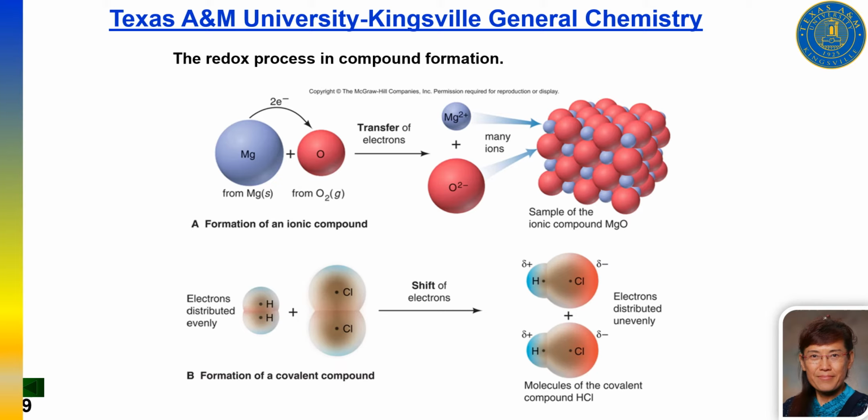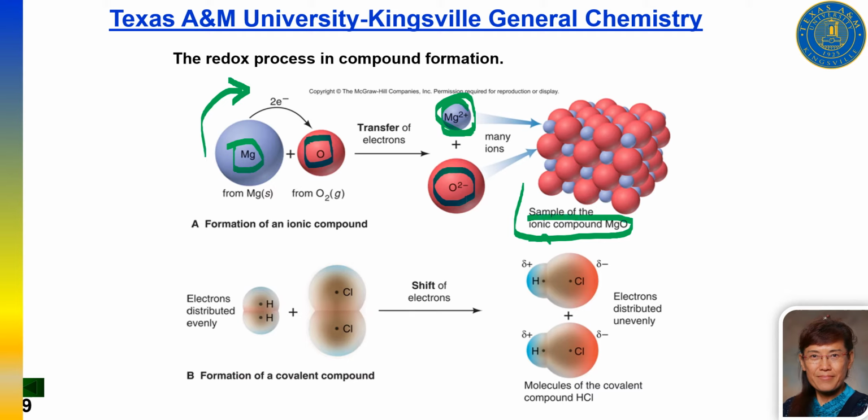For example, if you have magnesium metal and oxygen, your magnesium tends to give away 2 electrons, and your oxygen tends to gain the electrons. Therefore, magnesium loses 2 electrons, becomes magnesium 2 plus cation. Oxygen gains electron, becomes oxide. So positively charged ion and negatively charged ions are going to form an ionic compound, magnesium oxide.